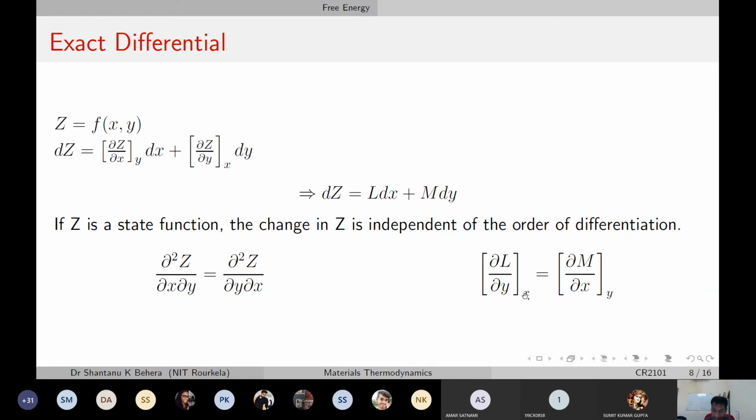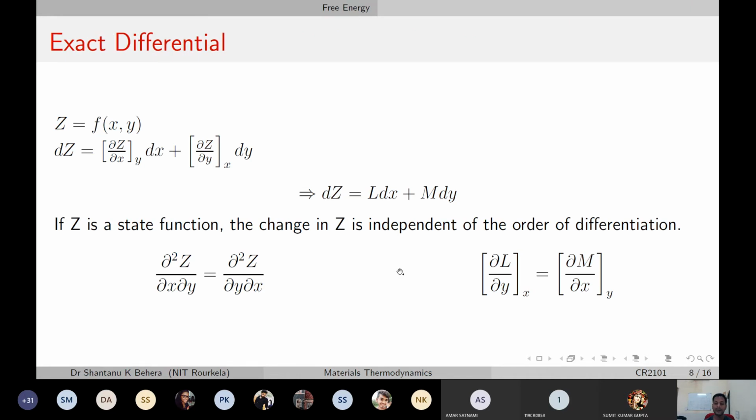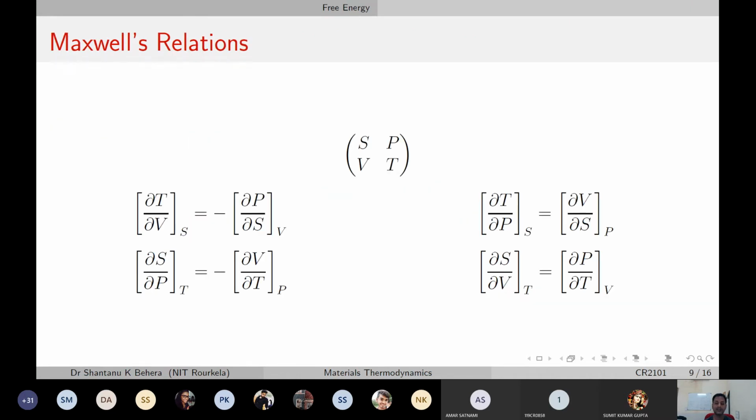Now, take this generic formula and apply all of those things to one of these. Then you will end up getting a series of relationships, which is actually a relationship between the basic thermodynamic variables, which is S, P, T, and V. All right, here the energy functions are not there.